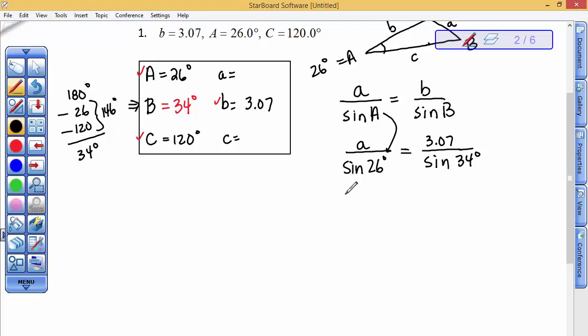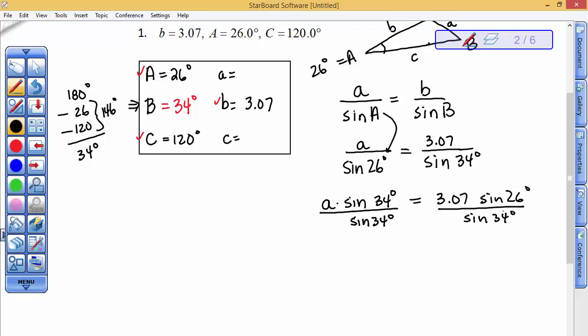So this cross product is A times the sine of 34 degrees. And here, this cross product is 3.07 times the sine of 26 degrees. And then to get A alone, this is A times the sine of 34. So I'm going to divide both sides by the sine of 34 degrees, and I will have found my value for side A. So I'm going to see if I can get my calculator up here.